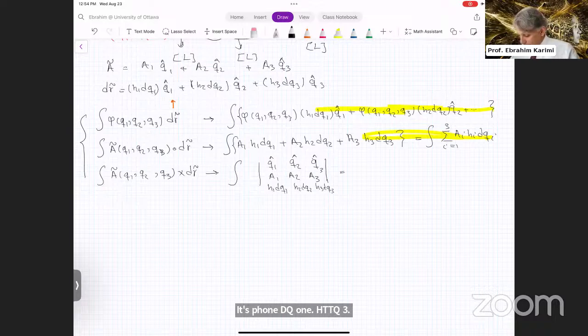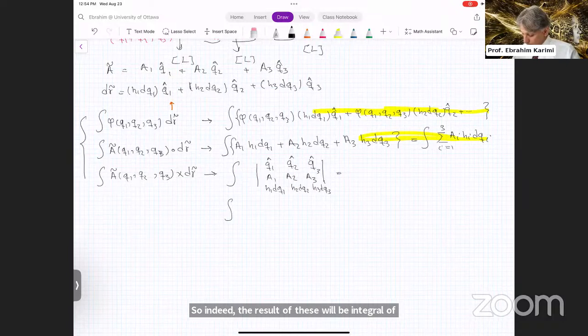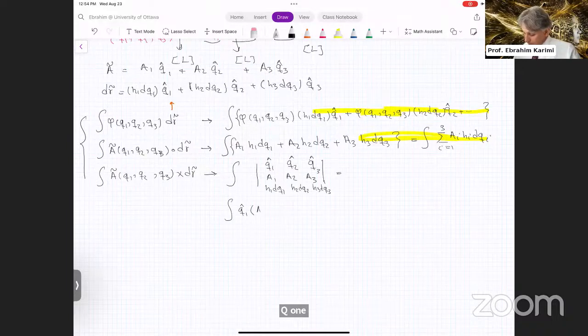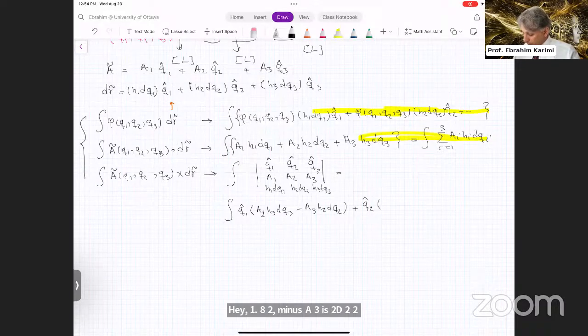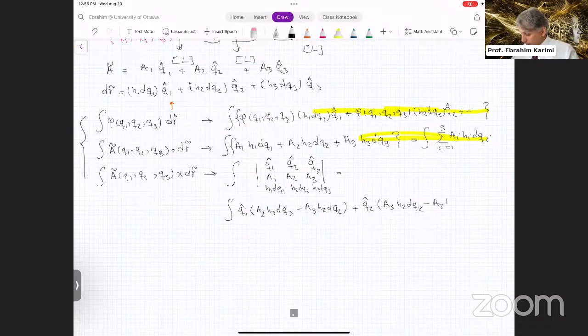So indeed, the result of this will be the integral of Q̂1 (A2 H3 dQ3 minus A3 H2 dQ2) plus Q̂2 (A3 H1 dQ1 minus A1 H3 dQ3) plus the other term.